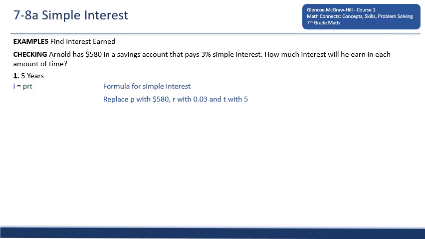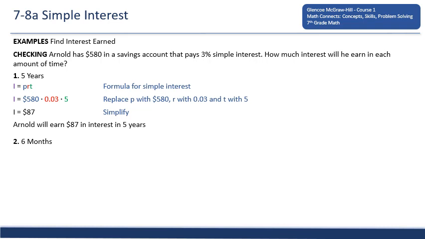We're going to replace principal with 580, rate with 0.03, which is the decimal for 3%, and time with 5. So we have interest equals $580 times 0.03 times 5 years. If we simplify that by multiplying it out, we get interest equals $87. So Arnold will earn $87 in interest in 5 years.